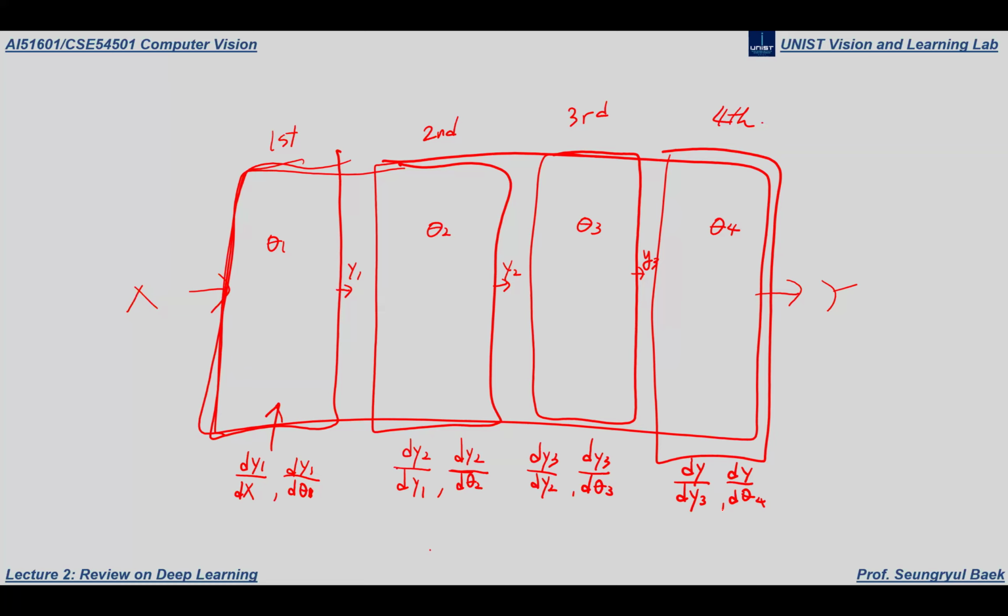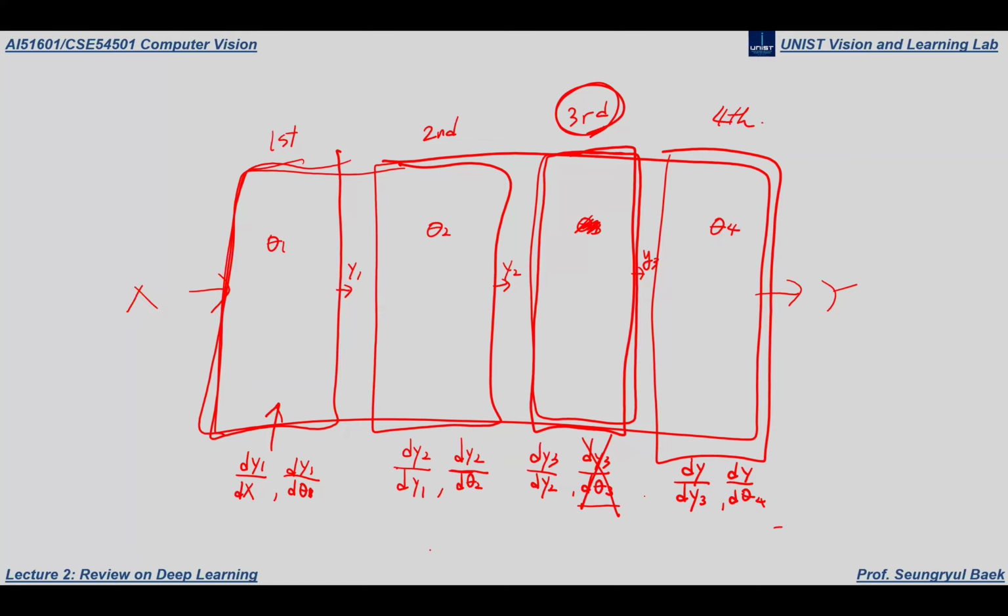But let's say this layer, the third layer, does not have any parameters to learn. Then we simply will not count this gradient. If some layers inside the deep architecture do not have any parameters, then it's a very simple case.